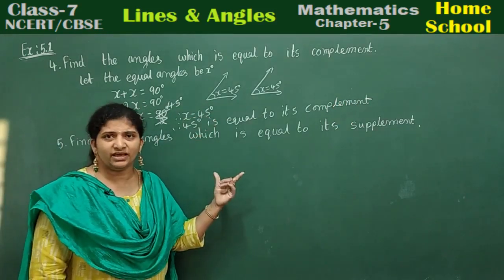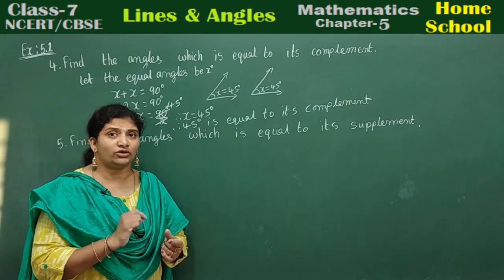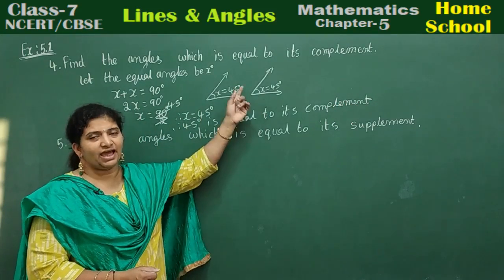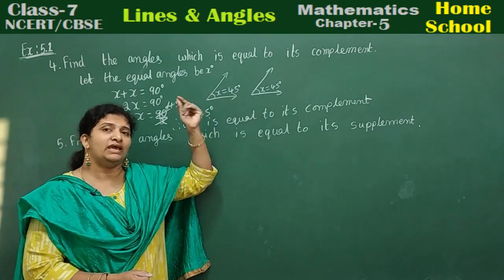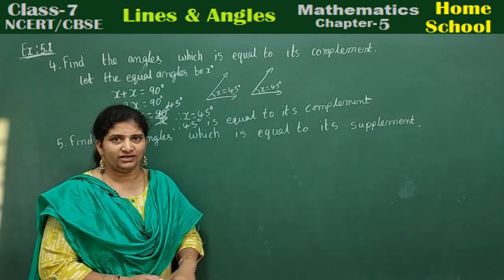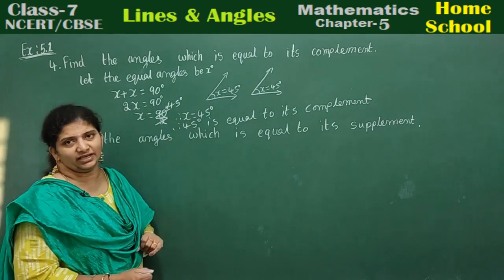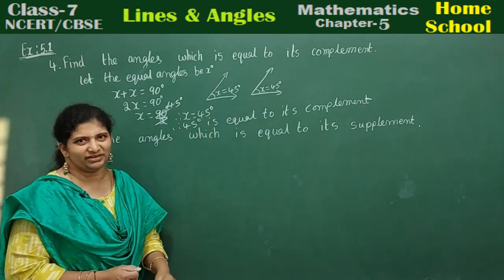Two angles will be there, with the same value, and they are complements of one another. How can we get it? If we assume x and this is also x, add these two. X plus x, complementary means 90. So 2x is equal to 90, x is equal to 90 by 2, 45 degrees. Therefore, 45 degrees is equal to its complement.